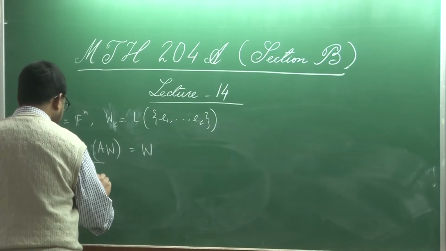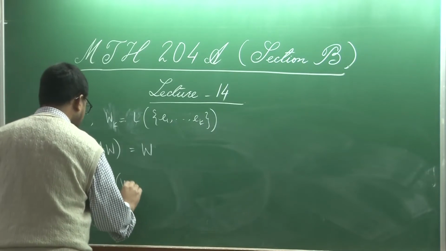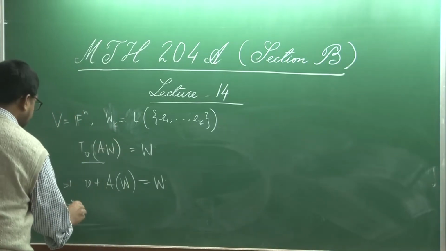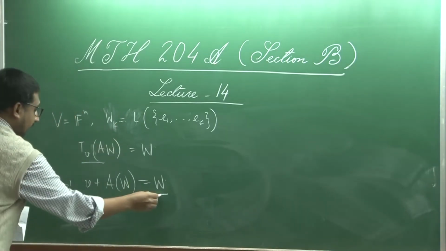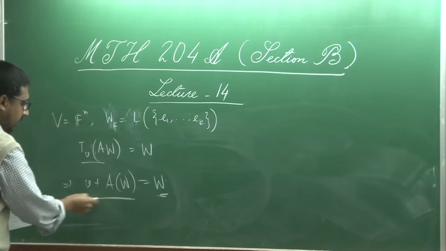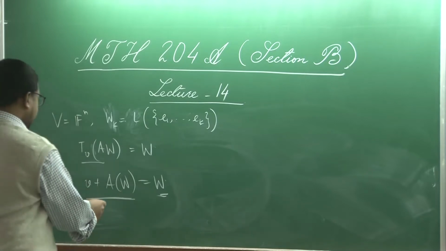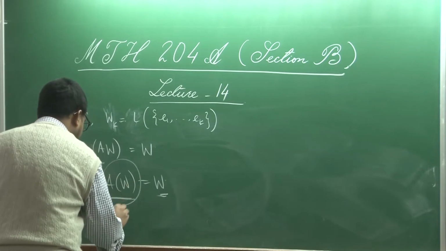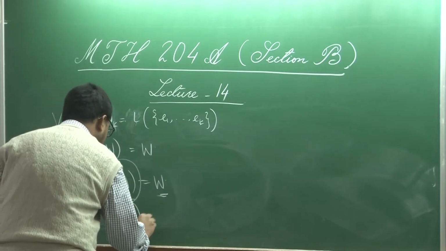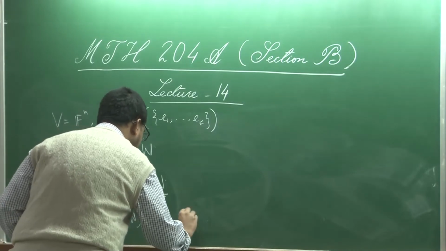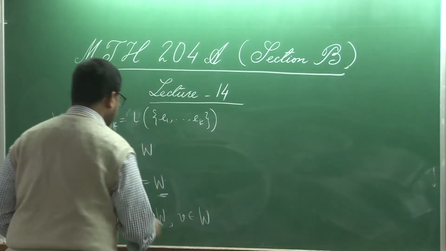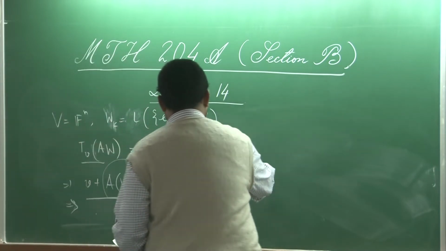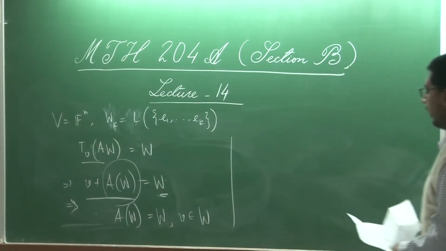This is nothing but v plus AW, right? v plus AW is W. So that immediately forces that the right hand side is a subspace, the left hand side also has to be a subspace, and from that it forces that AW will be W and v has to belong to W. These are the two conditions, and from that you get the stabilizer.